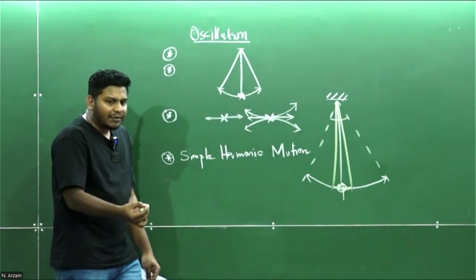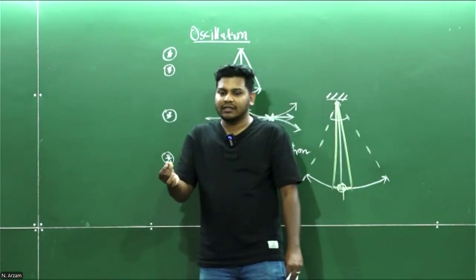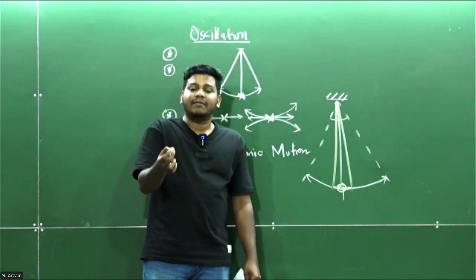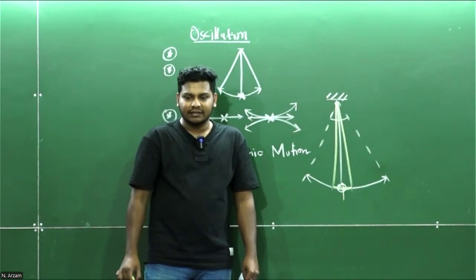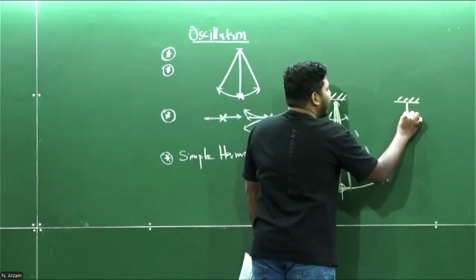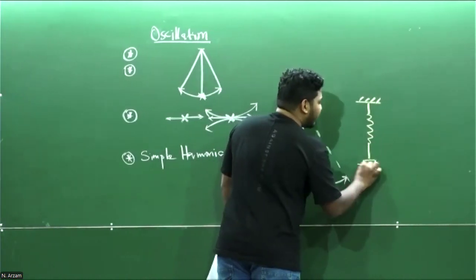What are the examples for simple harmonic motion? One is the simple pendulum. The second one is the spring mass system, where there is a spring and we connect a mass to it.